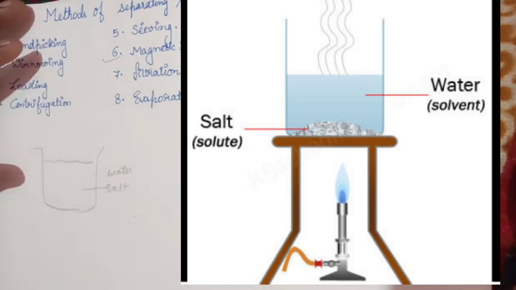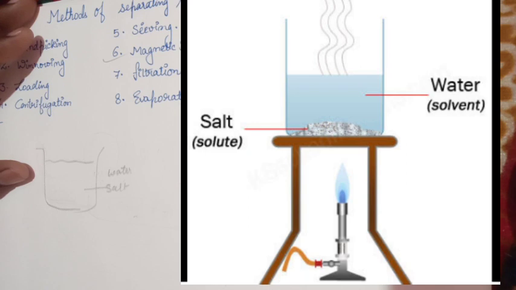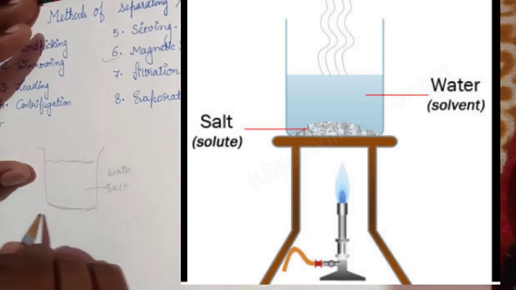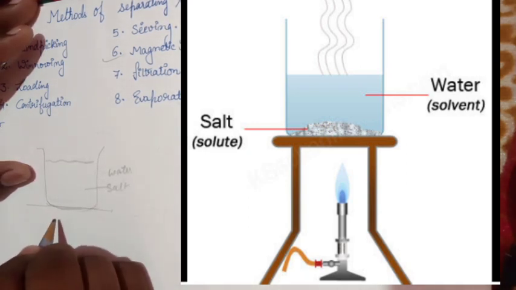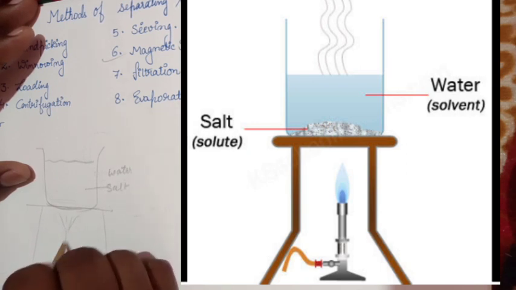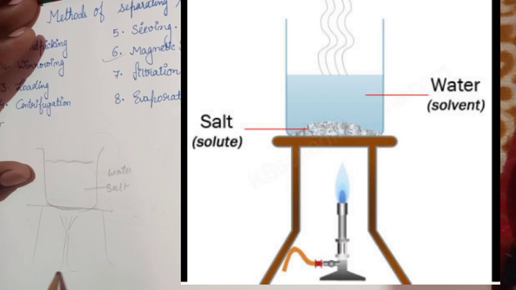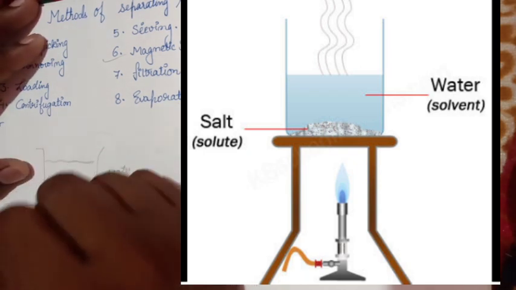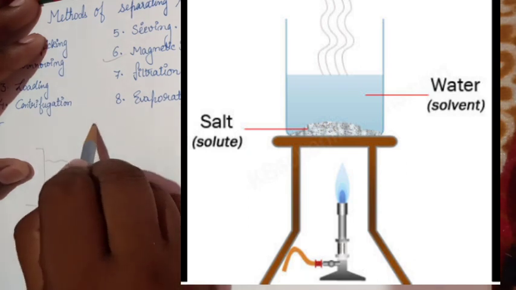This separation is done by the process of evaporation. What we will do is, we'll place this beaker on a Bunsen burner. With time the water will get heated up and it will start evaporating.